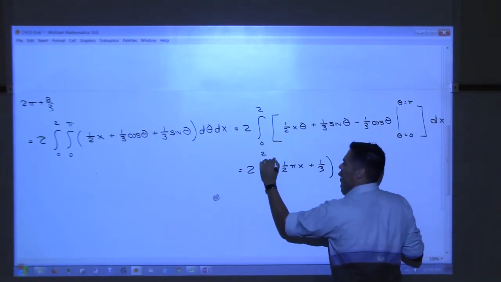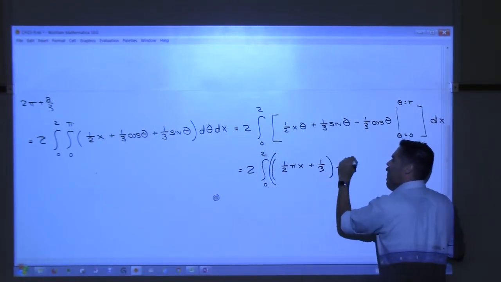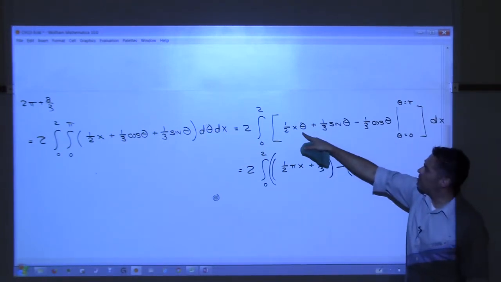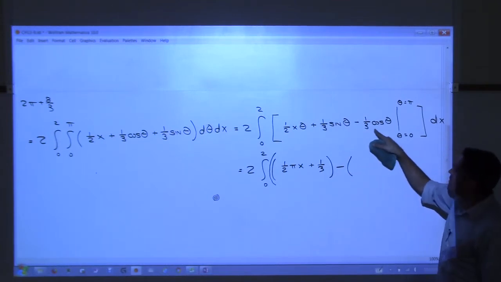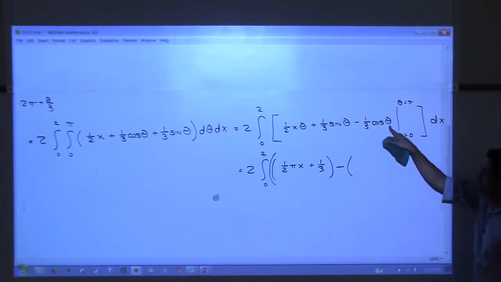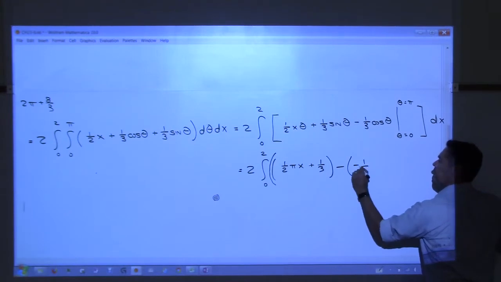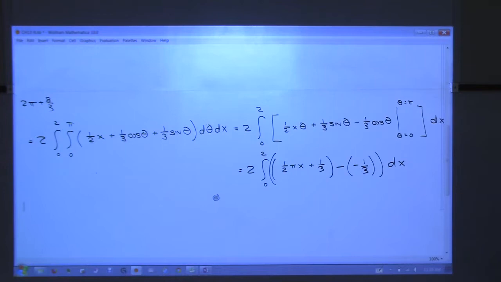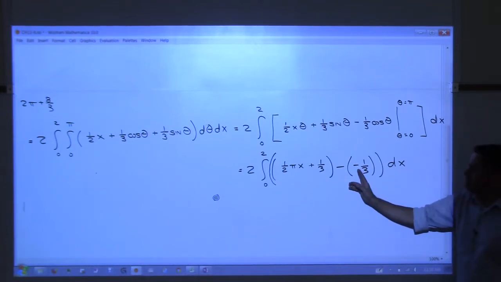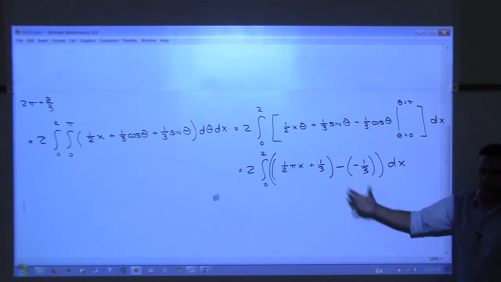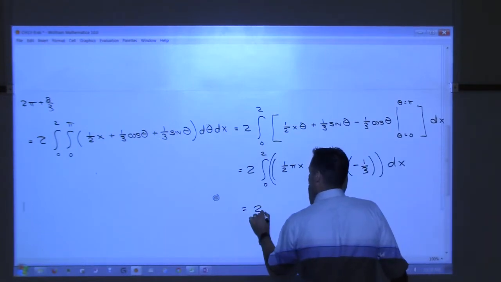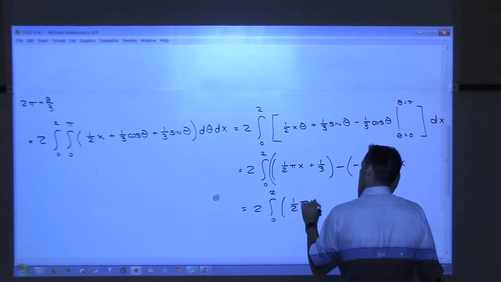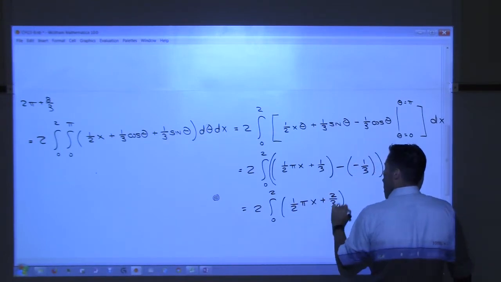I'm supposed to take that and subtract from that what I get when I plug in 0 for theta, which is going to be 0. Sine of 0 is 0. Cosine of 0 is 1. So negative 1/3 dx. And you can do minus minus is plus, and that'll be 2/3 right there, right? So now I'm going to have 2 integral 0 to 2 of 1/2 pi x plus 2/3 dx.